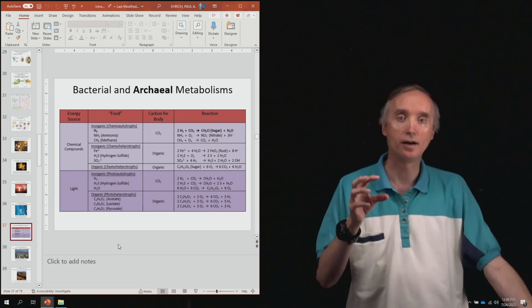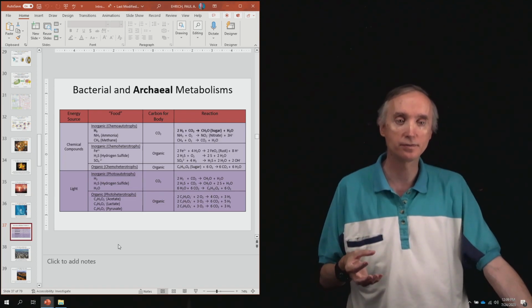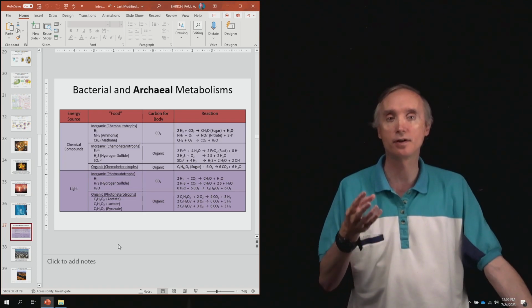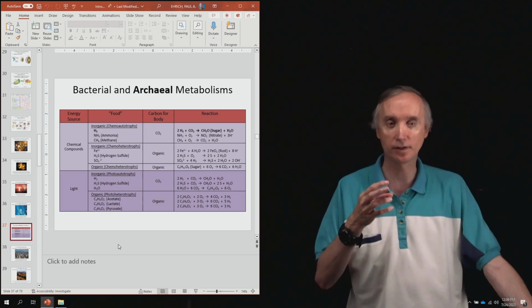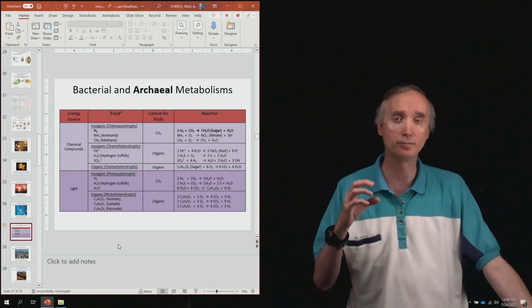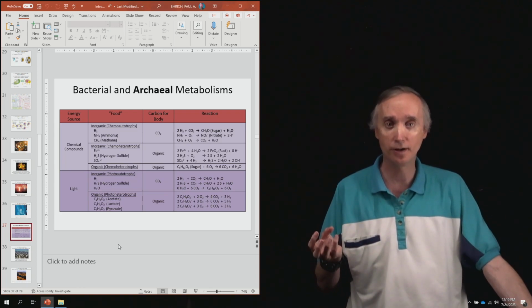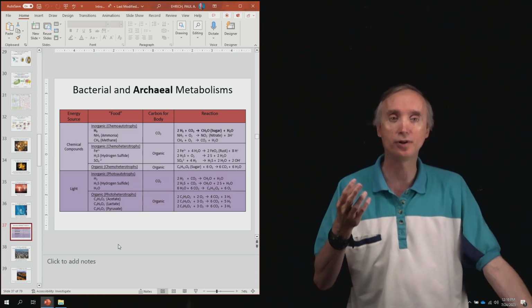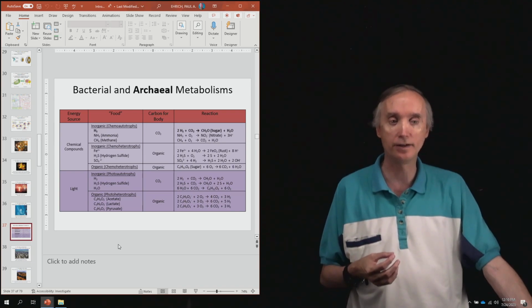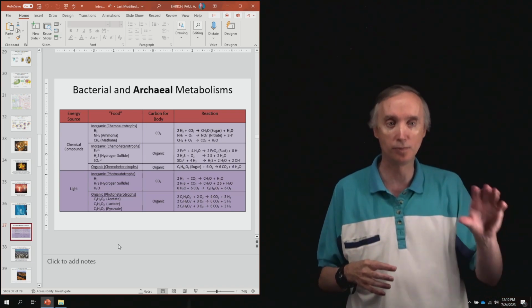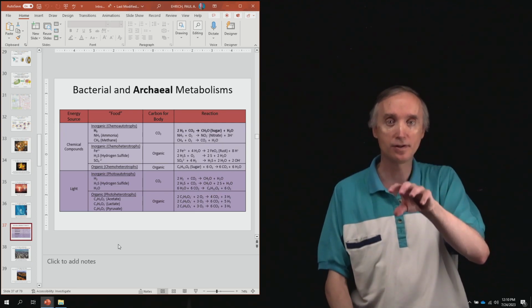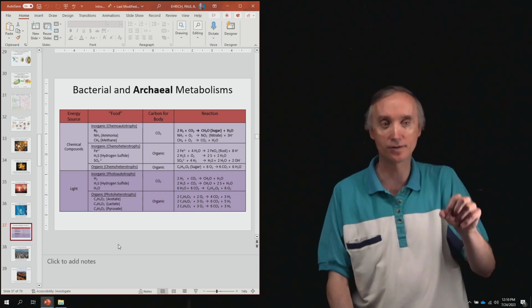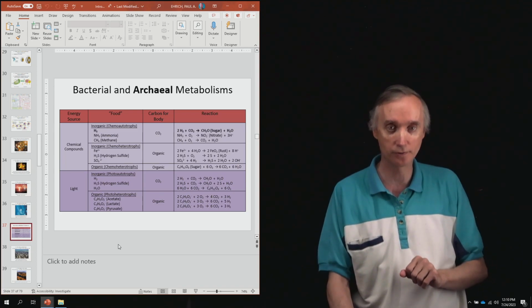And the earliest kind of life would have been this archaeal type of life. It has characteristics of being both bacteria and eukaryotic life. Eukaryotic life means it's multiple cells that are put together. The bacterial and the archaeal are single-celled organisms.